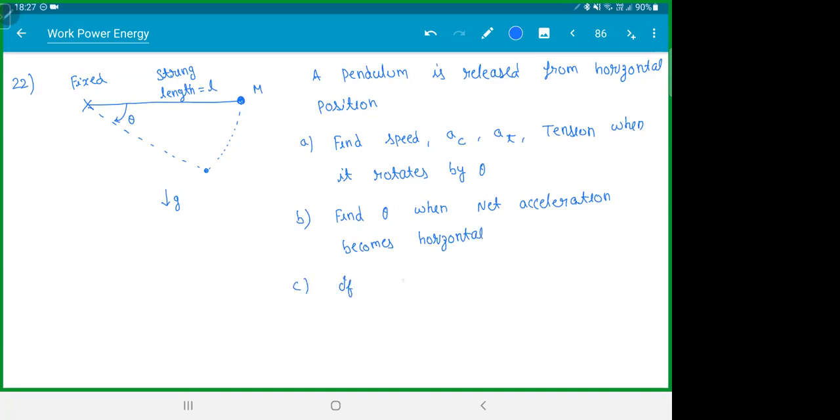If the string can withstand maximum tension 2 mg, find theta when it breaks. There, we are combining work energy with circular motion. Let's get this.